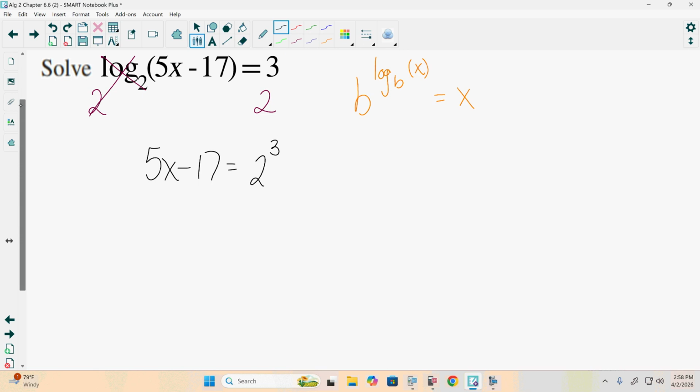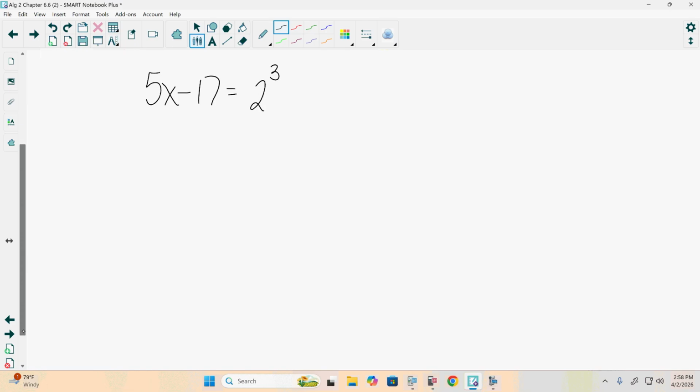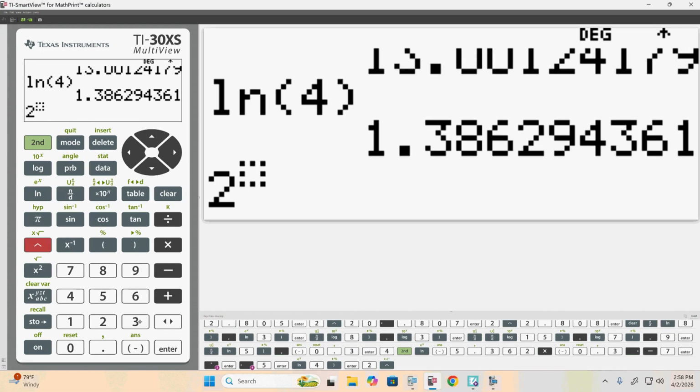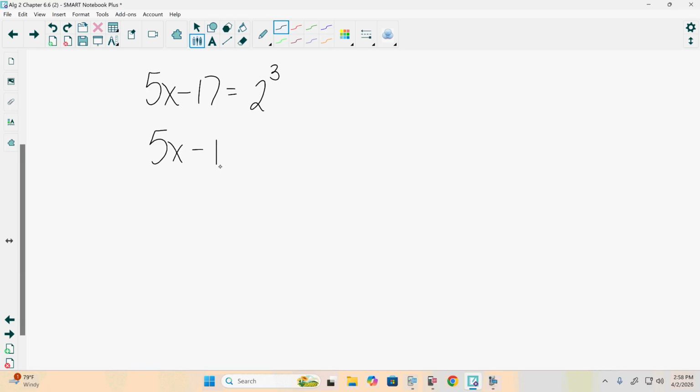Now my question for you is this. Is 2 to the third a nice number? What is 2 to the third power? Almost. 2 to the third is 8. Now the reason I say that is a nice number is that, one, it's not irrational.